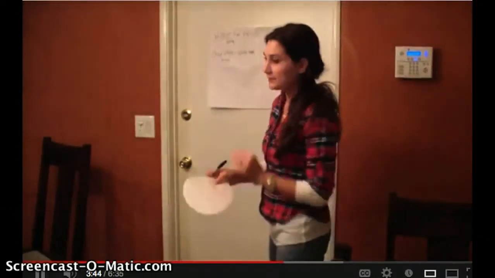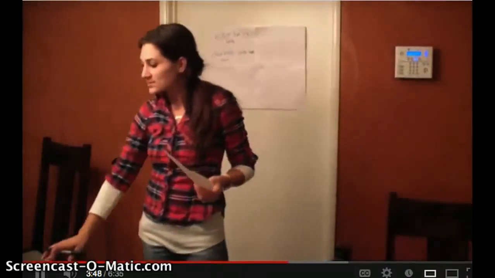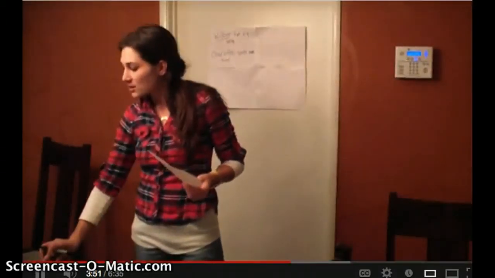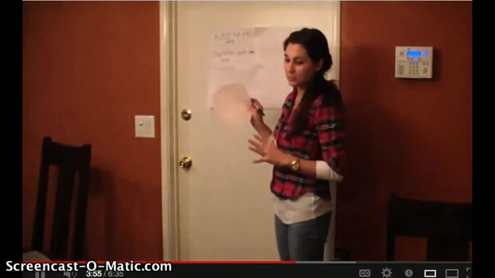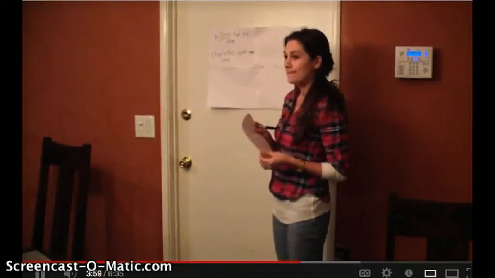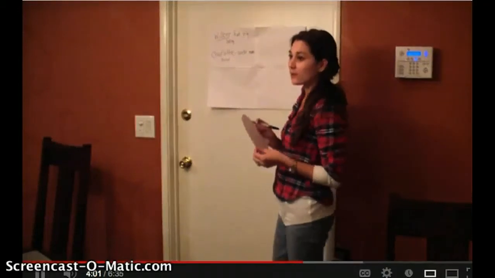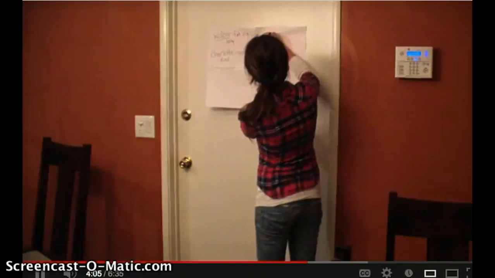Now on the second one, I want you to give me words. What are some words or images that you can draw and write on this portrait that tell me who the character is? Oink. Oink, he's a pig. So we can make some sound.